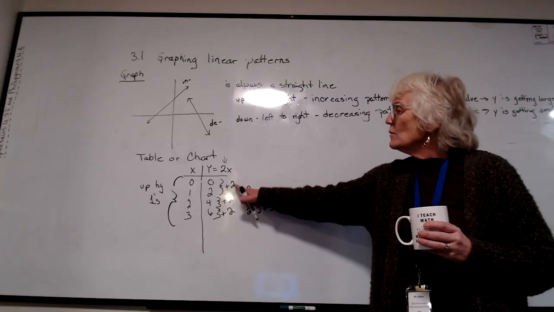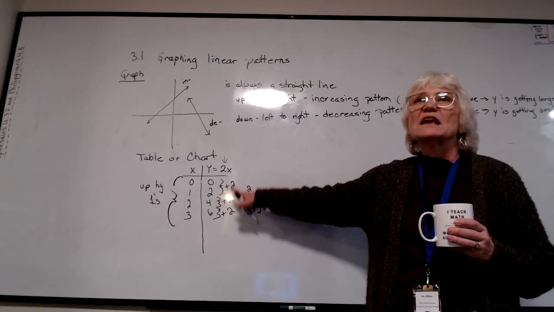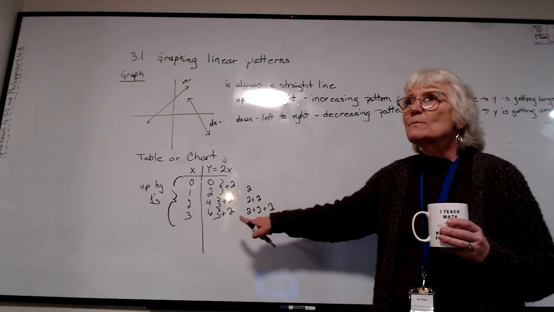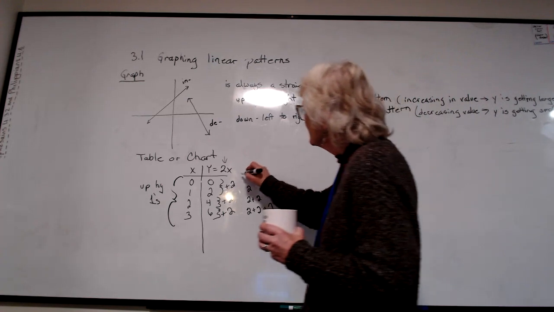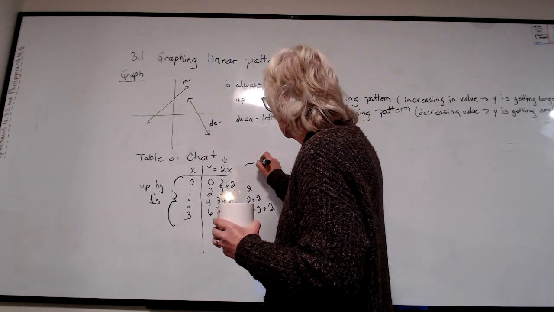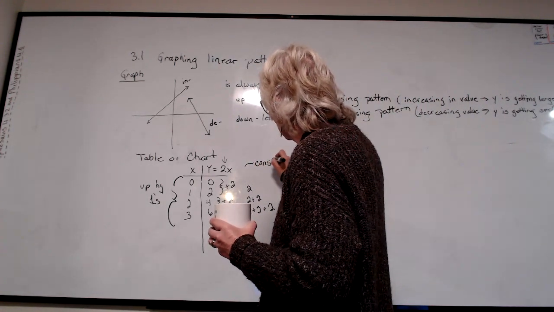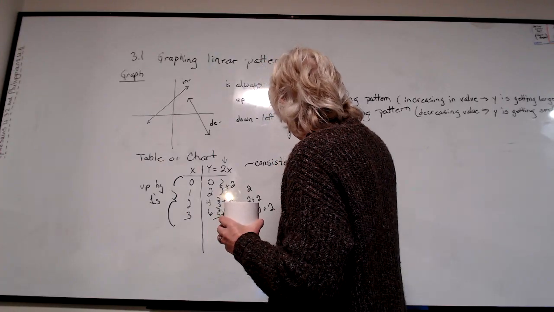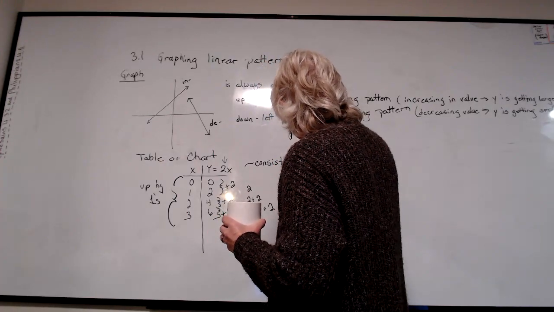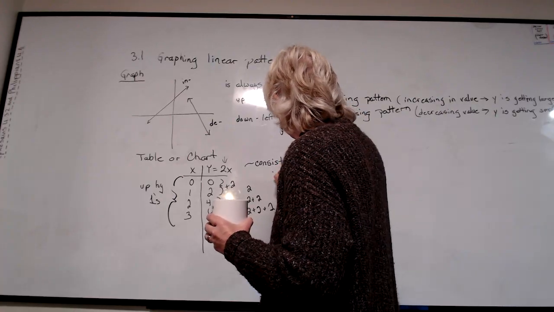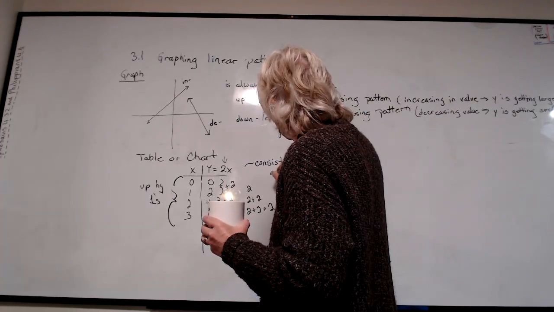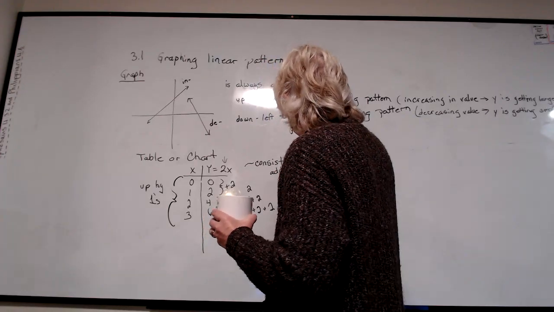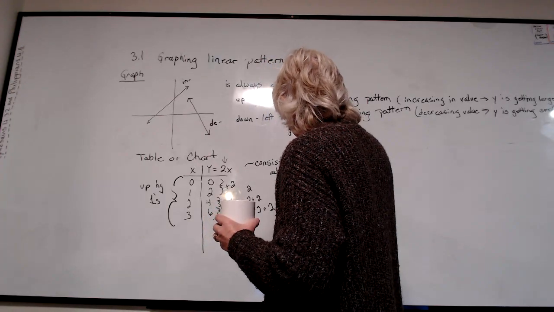But lines always do this. They always have a consistent amount that you're adding. So the pattern is always consistent. It's a consistent number being added to each term.